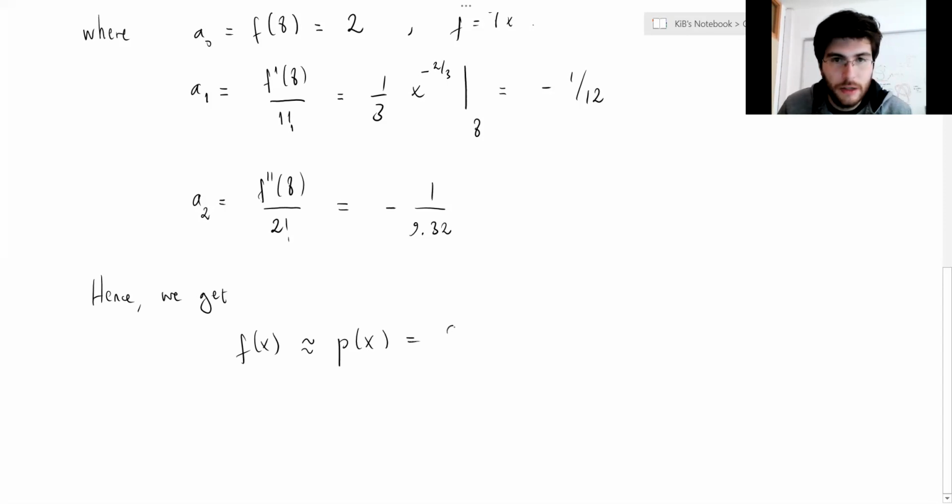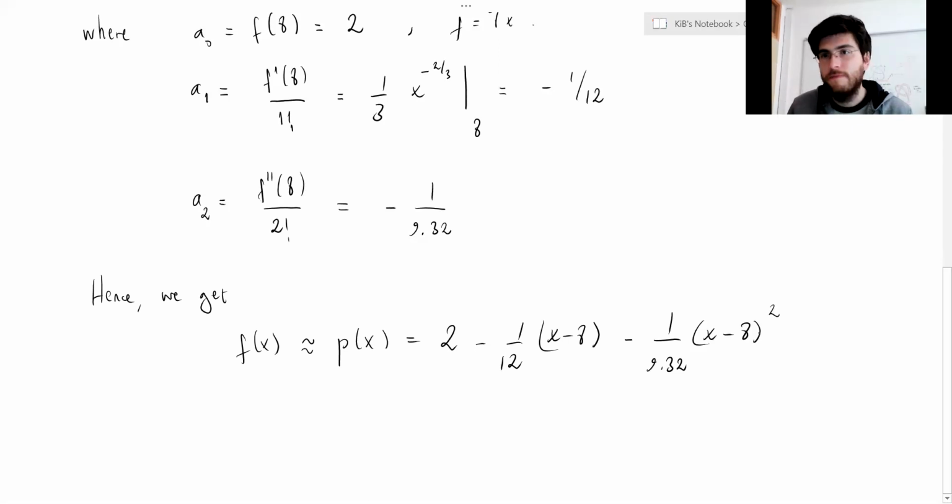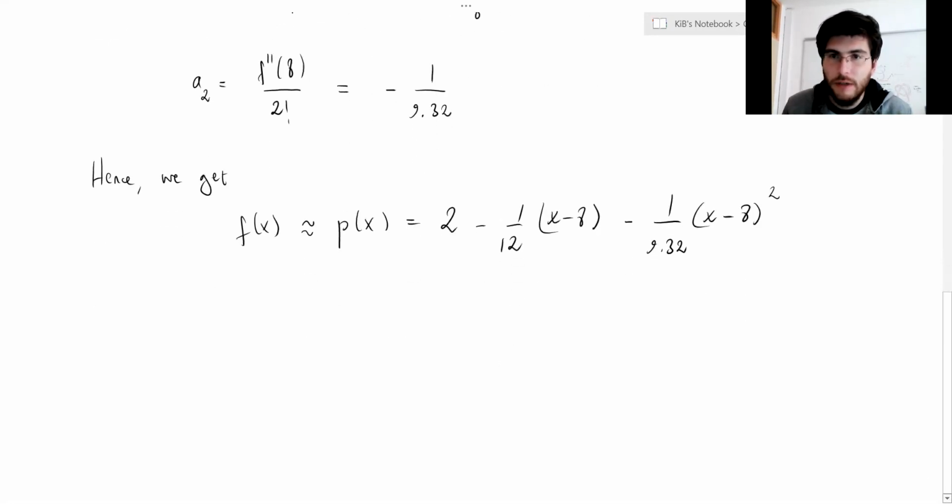And this is just, okay, 2, minus, something like this, (x minus 8), minus 1 times 9 times, okay, 32, (x minus 8) squared. And that much, approximately. We just use that much information to approximate the value of f.